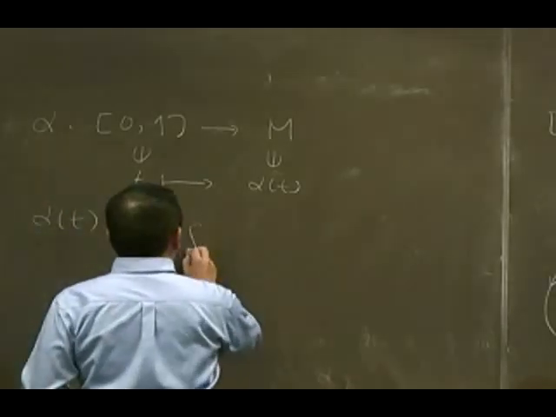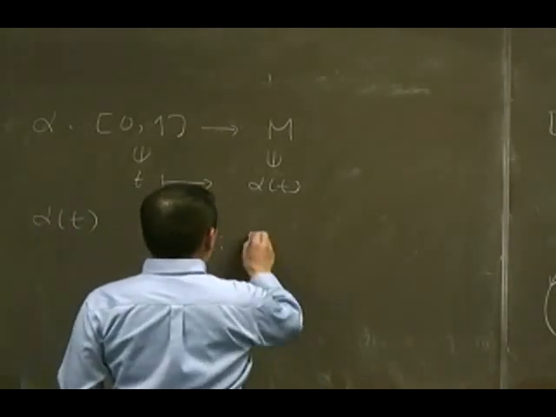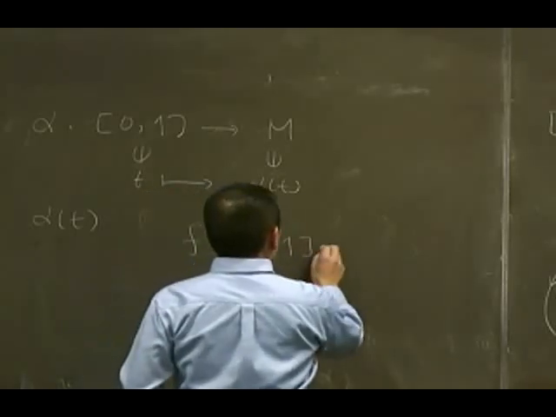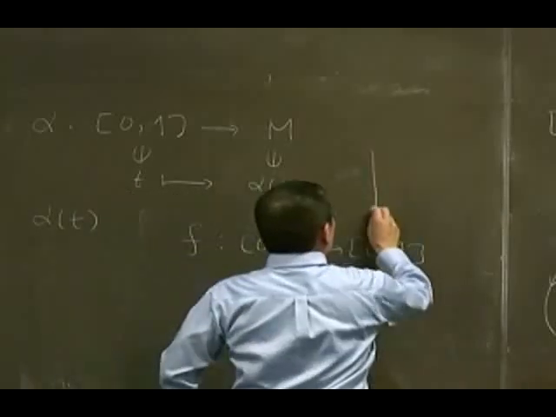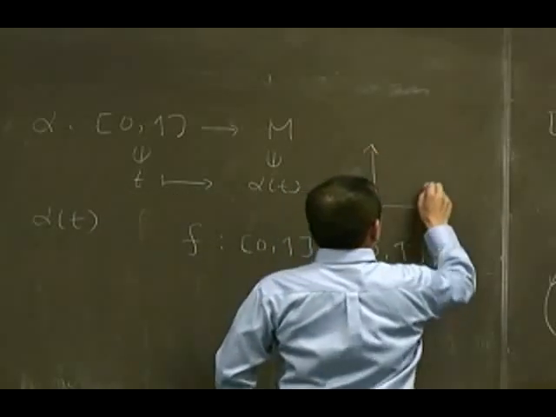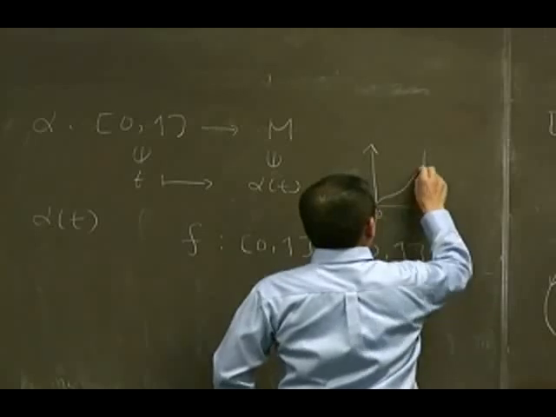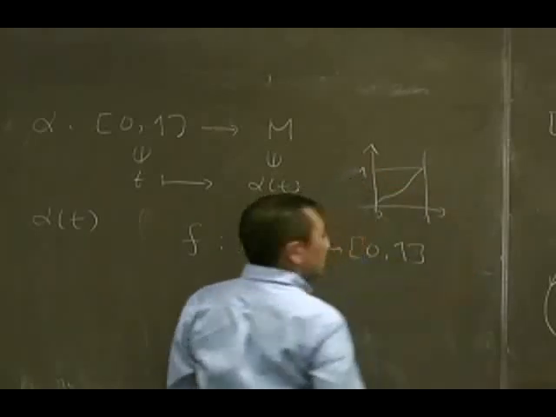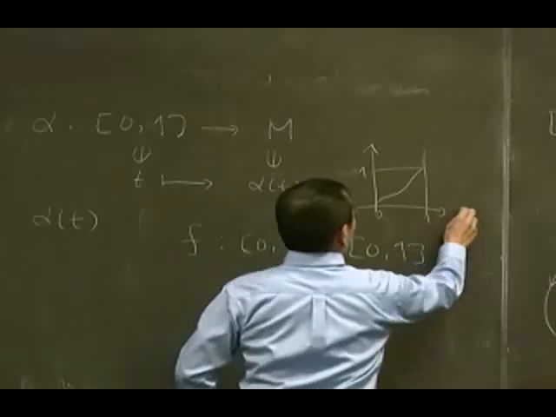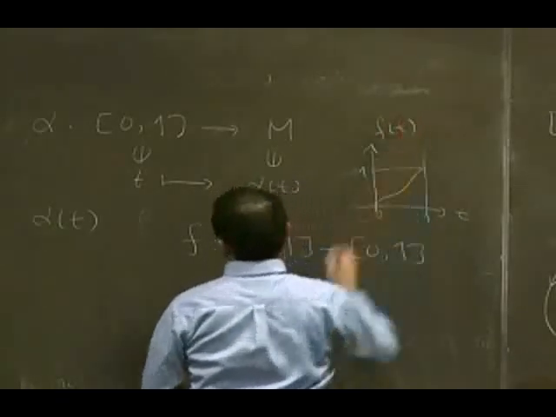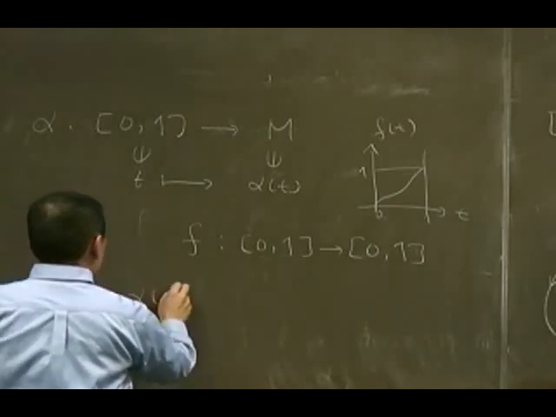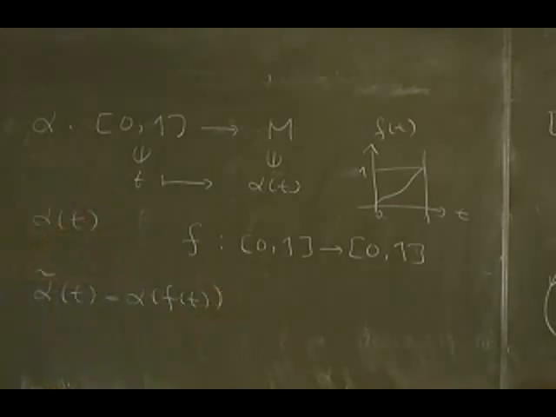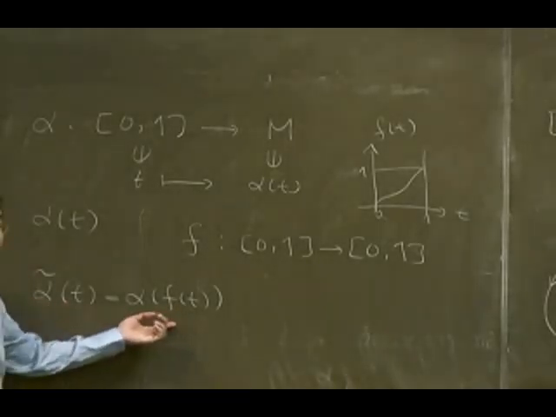Suppose you have a function f which maps 0, 1 to another 0, 1. But suppose this is monotonically increasing. So this is t, this is f of t. And suppose I define another one by this.